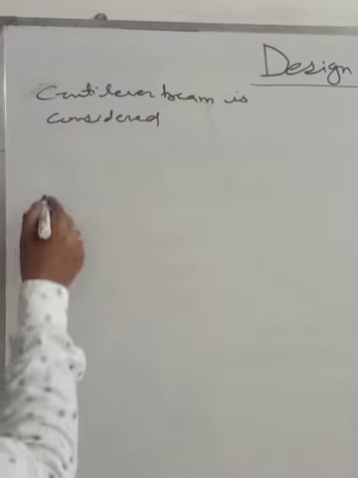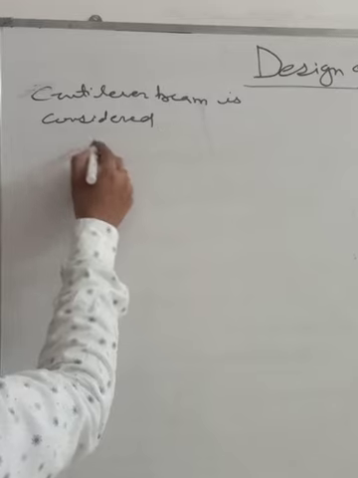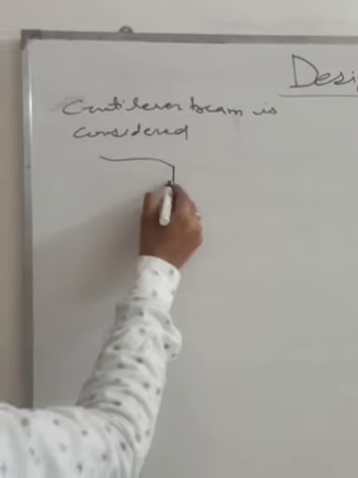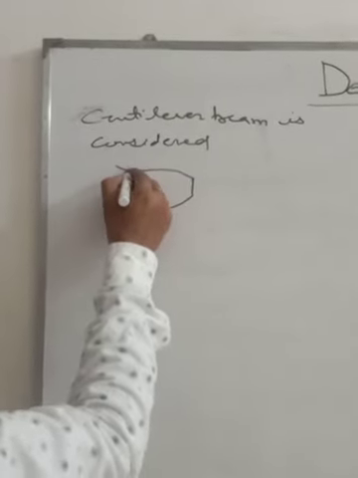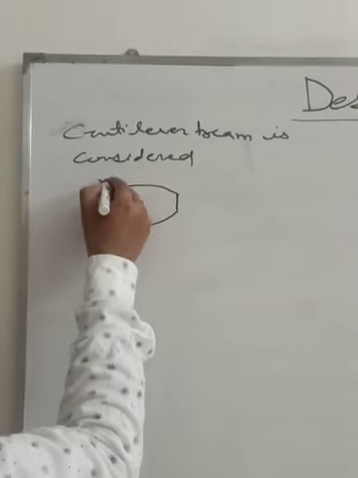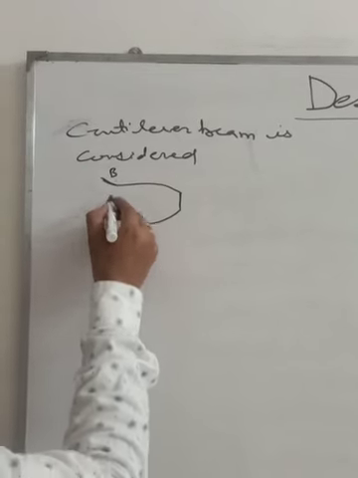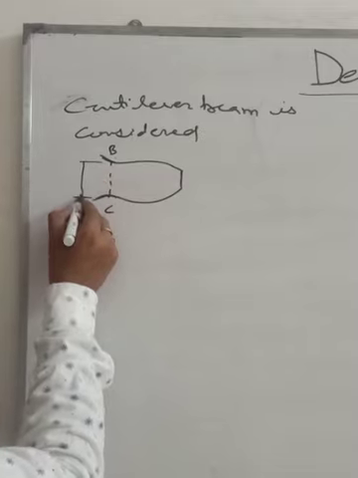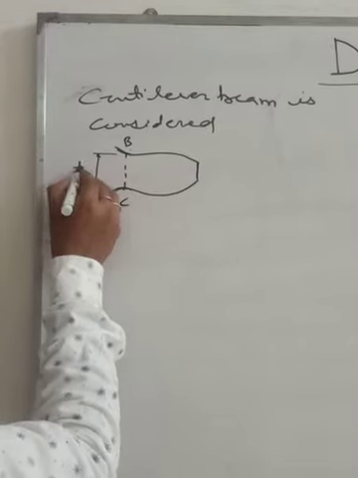Then if you are considering it as a cantilever beam, our diagram is this portion, which is your BC, and this is known as the thickness T.